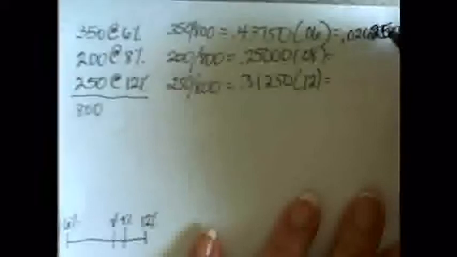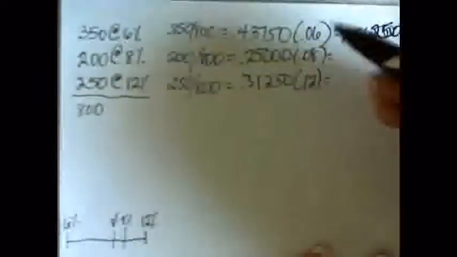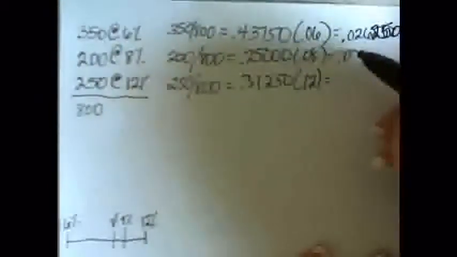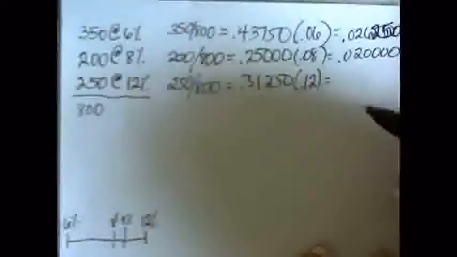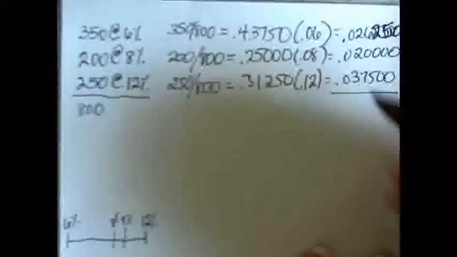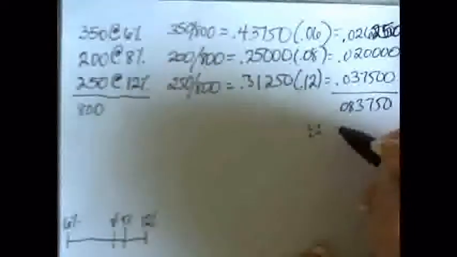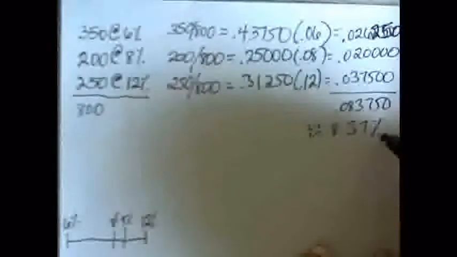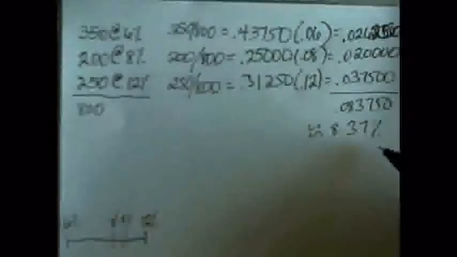Okay, then 0.25000 times 0.08 gives me 0.02. And then 0.31250 times 0.12, that gives me 0.037500. I add all of that together, I get 0.083750, or 8.37% interest.